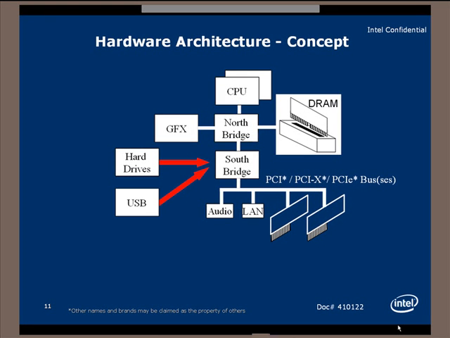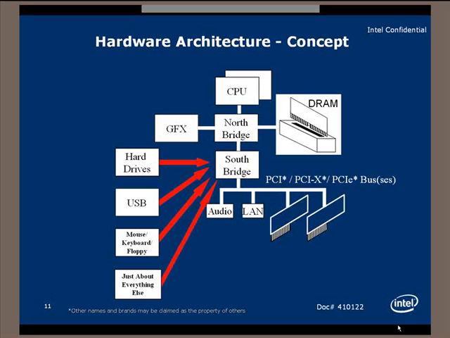Your SATA and PATA interfaces for your hard drive, your USB interfaces, mouse, keyboard, floppy, interrupt controller, real-time clock, interface to your BIOS. It's generally all in the South Bridge. Again, I just usually call it jokingly the garbage can where everything else lives. And that's kind of a very high-level view of the various components of Intel architecture.